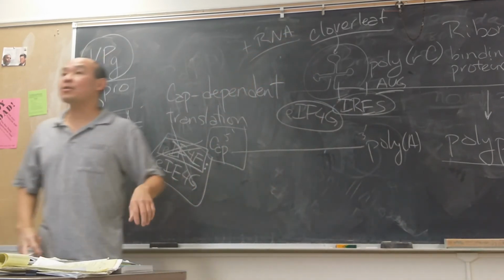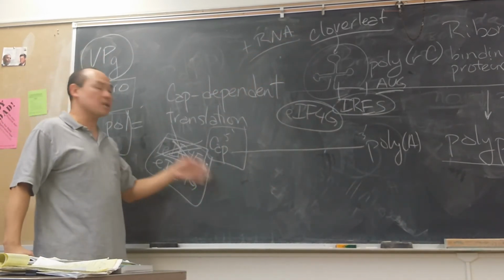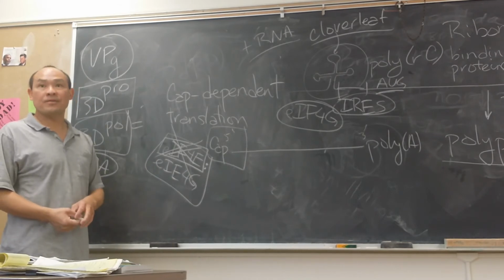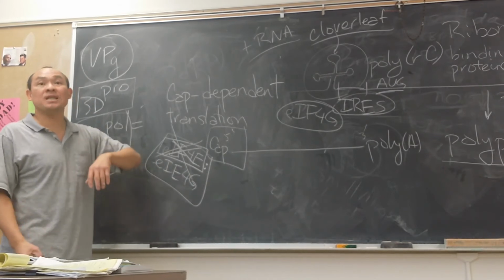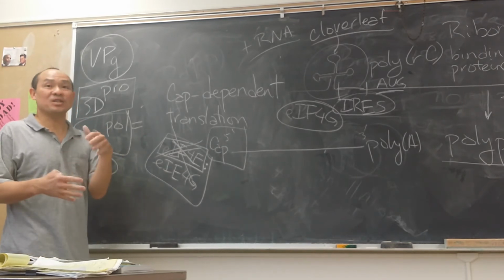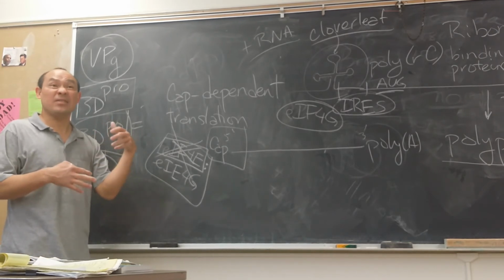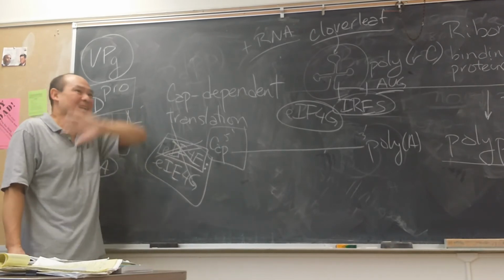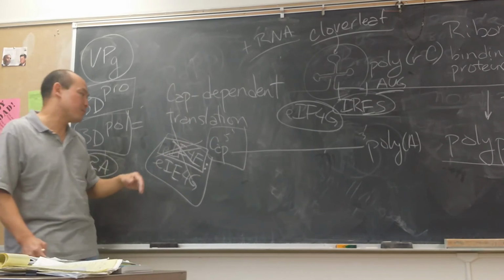So what the viral protease 2A does is that it knocks out EIF4E, but not EIF4G. In fact, the cell actually, at this point, increases the expression of EIF4G, but that's a completely different pathway, okay?